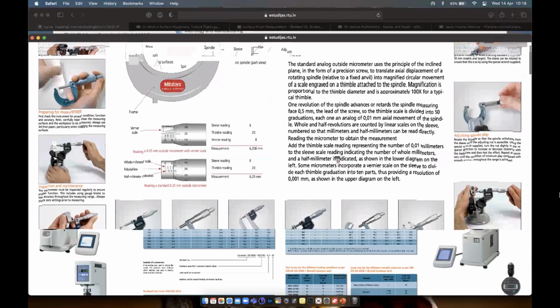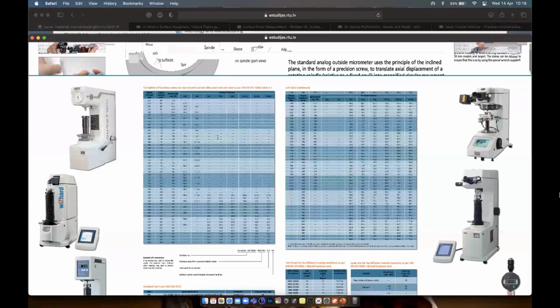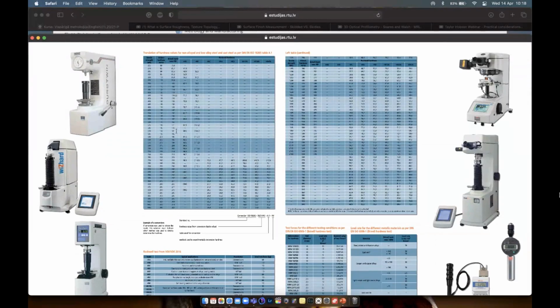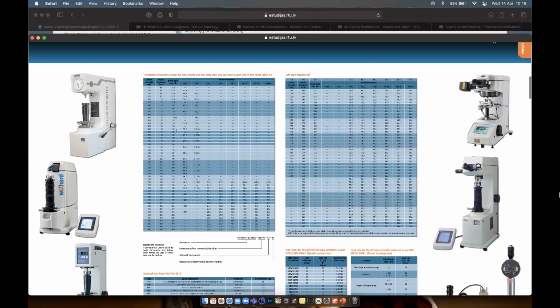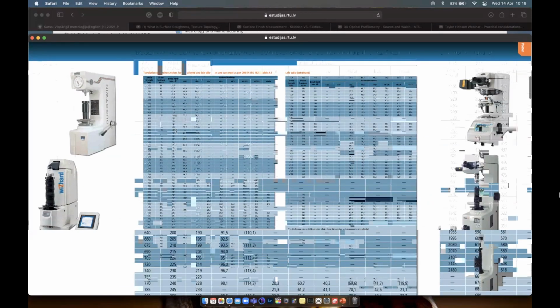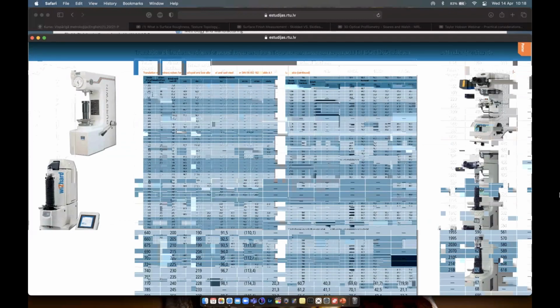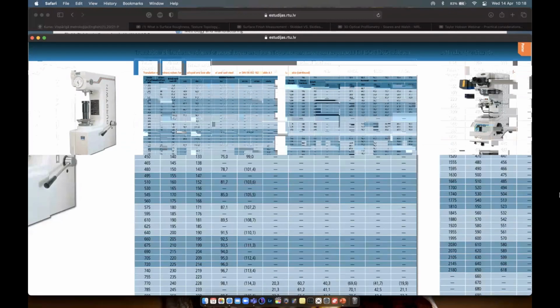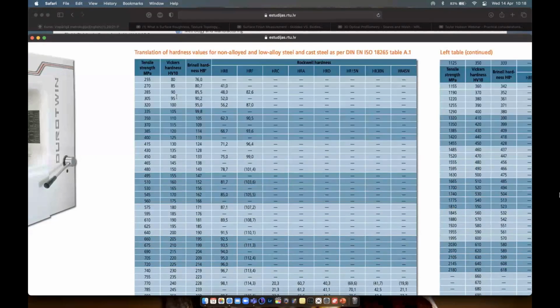Same, we have a poster for hardness measurement. If you are dealing with some hardness value, let's say in tensile strength, then using a table like this, you can approximately see how much it is in the different measurement scales, for instance Vickers, Brinell or Rockwell.